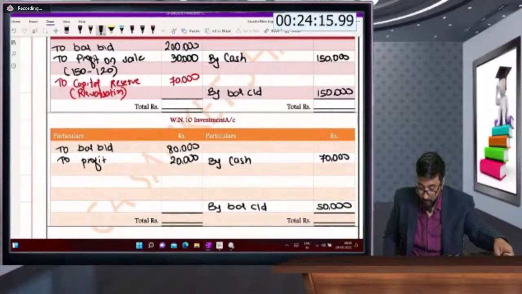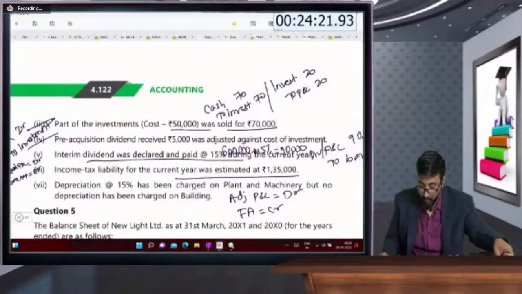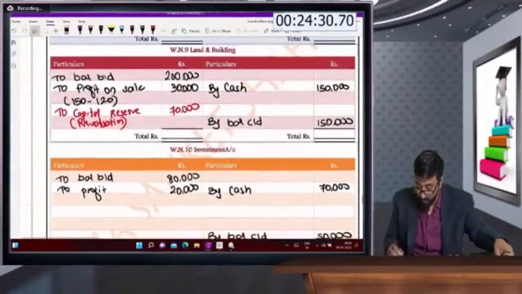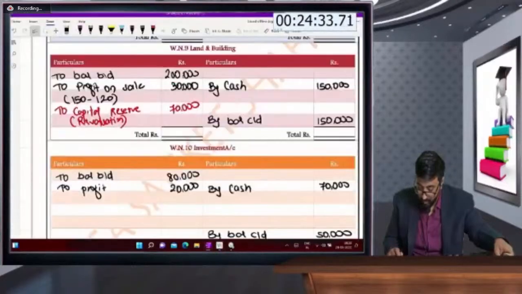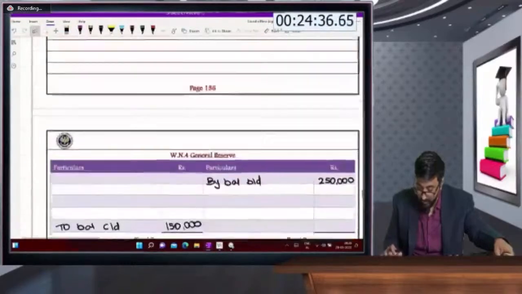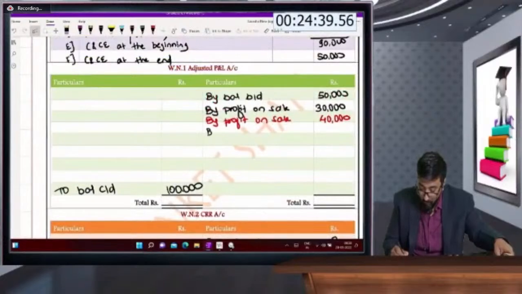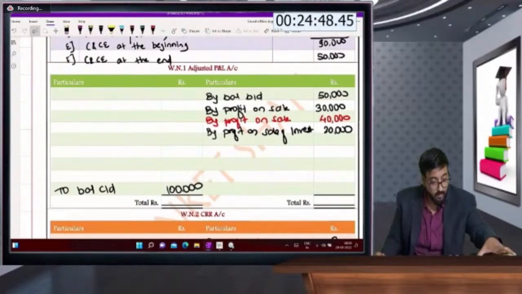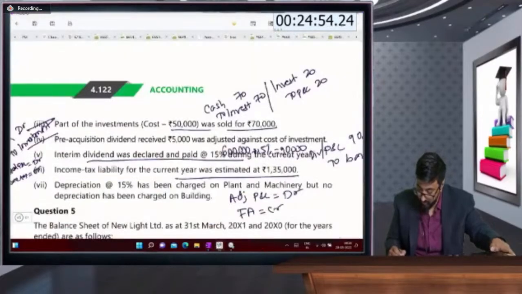Next one. Pre-acquisition dividend received 5,000. Okay, sorry, did we record the profit on the investment? To profit 20,000. Adjusted P&L, by profit on sale of investment, 20,000.